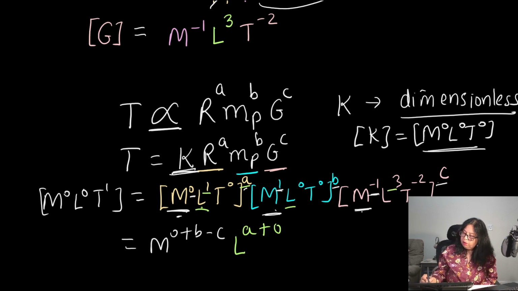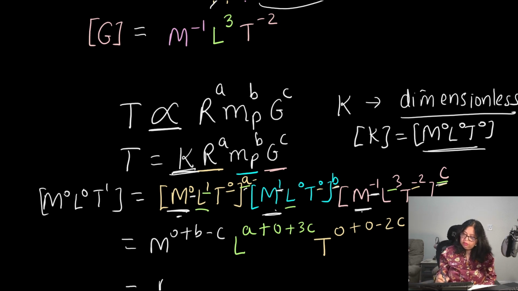L to the power 3 times C is 3C. T to the power 0 times A is 0. 0 times B is again 0. Minus 2 times C is minus 2C here. All right. This gives us M to the power B minus C, L to the power A plus 3C, and T to the power minus 2C.